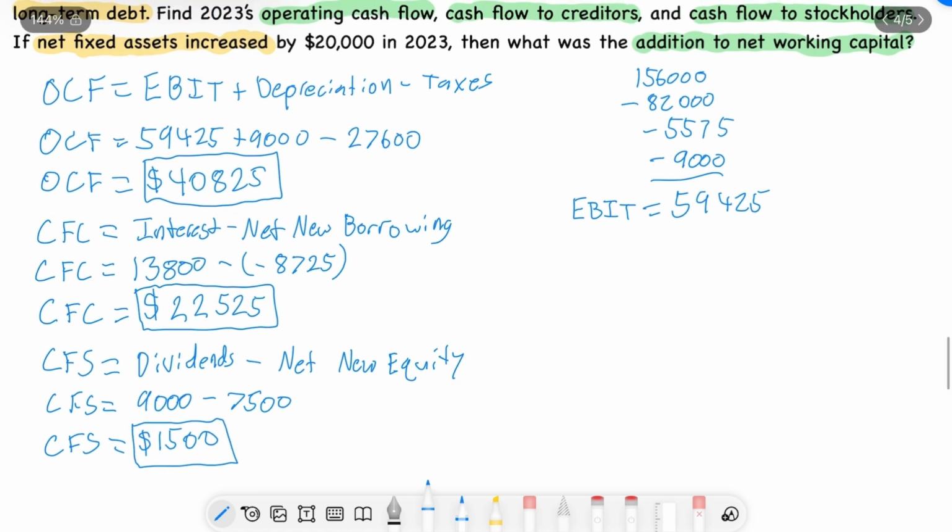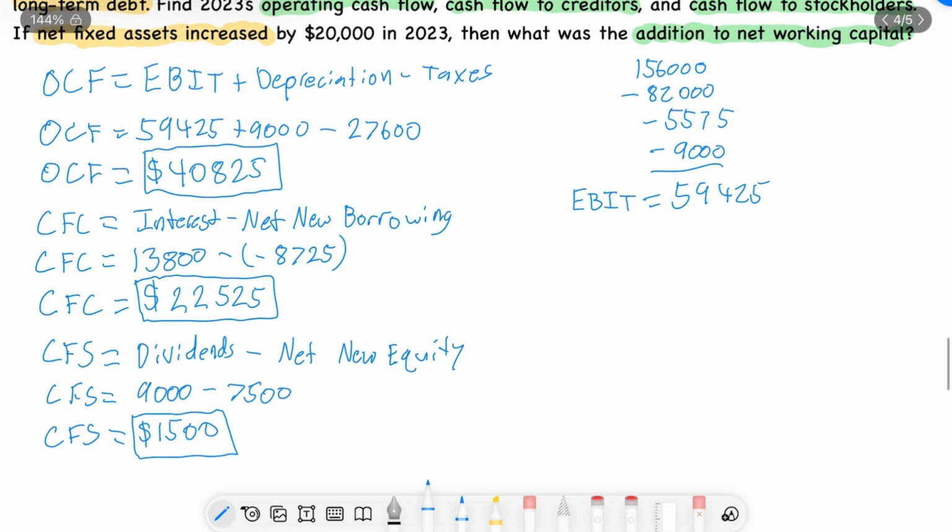Next, we want to see if we increase our net fixed assets by $20,000, what the addition to net working capital is going to be. So first thing we need to do is find our cash flow from assets. That's going to be cash flow from assets is equal to cash flow to creditors plus cash flow to shareholders.